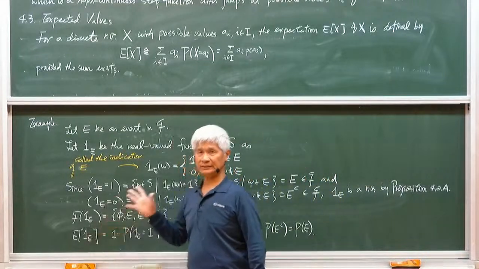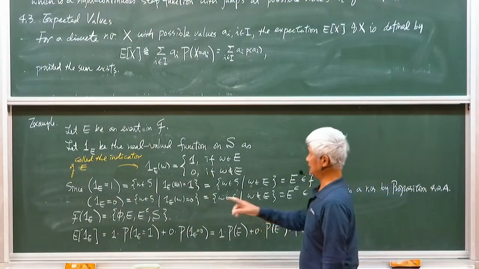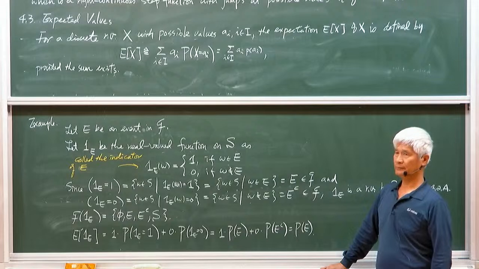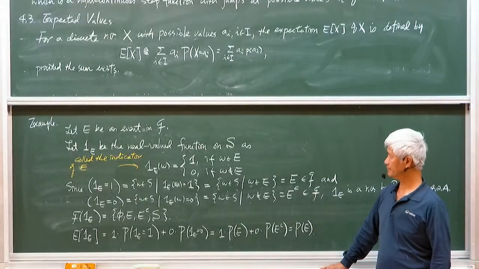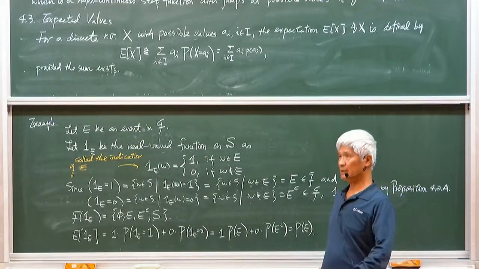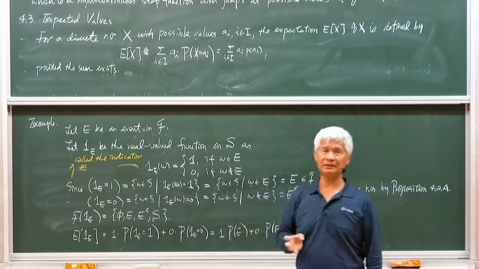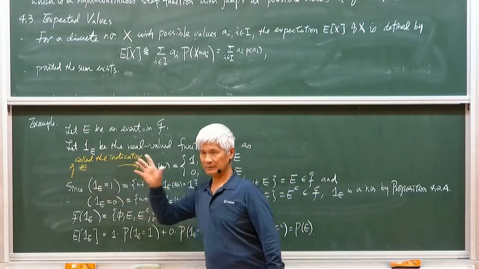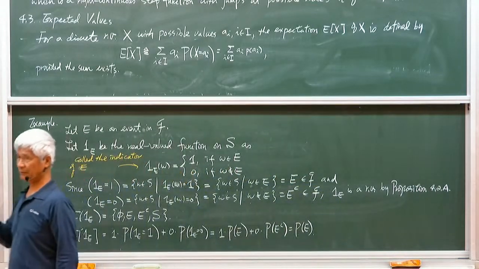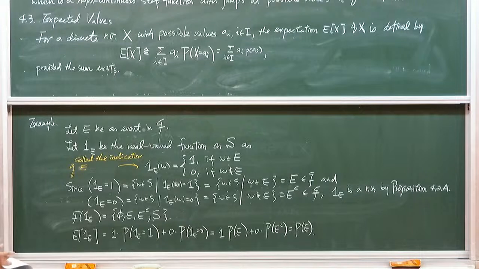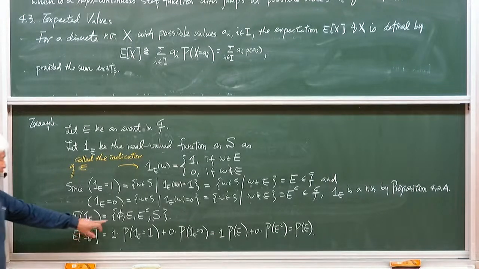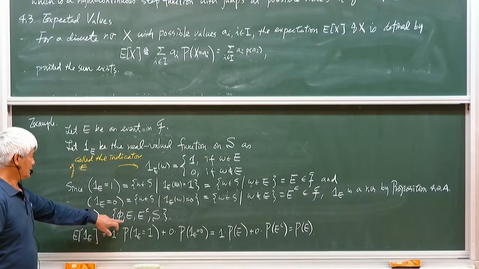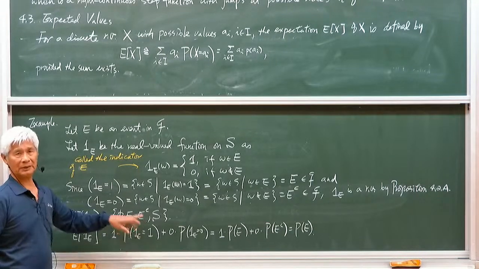So the expectation of the indicator of an event E is exactly equal to the probability of E. Later on, you will see the indicator of an event is a very convenient tool to study an event, because this random variable contains exactly the same information as E. The sigma algebra generated by it has two atomic events, E and E complement.